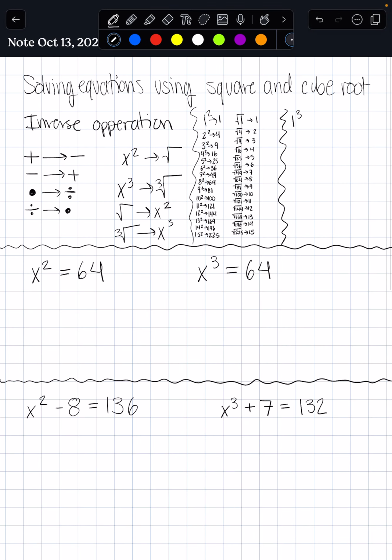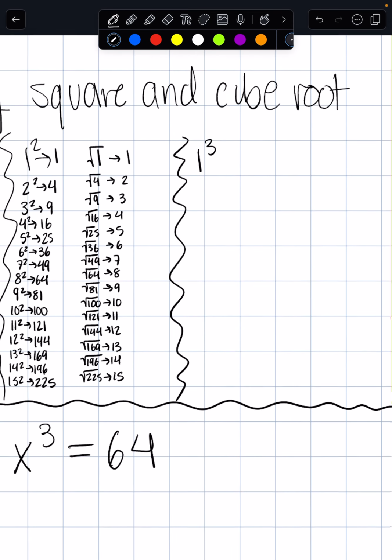All right, let's go ahead and super quickly make our cubes chart to help us out.